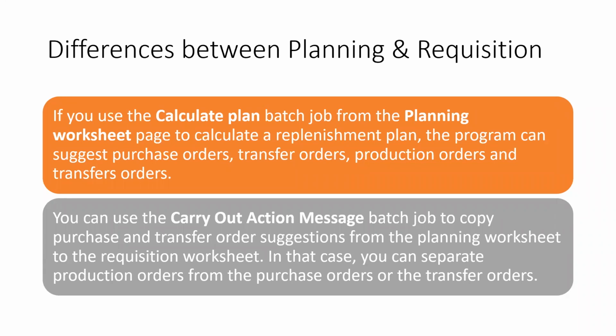We generate and we calculate our plans, but it's still in general just a suggestion for you to work with. But you still can manually update or rearrange some specific suggestions. So at last, you will be using a function called carry out action messages to copy purchase and transfer order suggestions from the planning worksheet to the requisition worksheet. In that case, you can separate production orders from the purchase orders or the transfer orders, right?